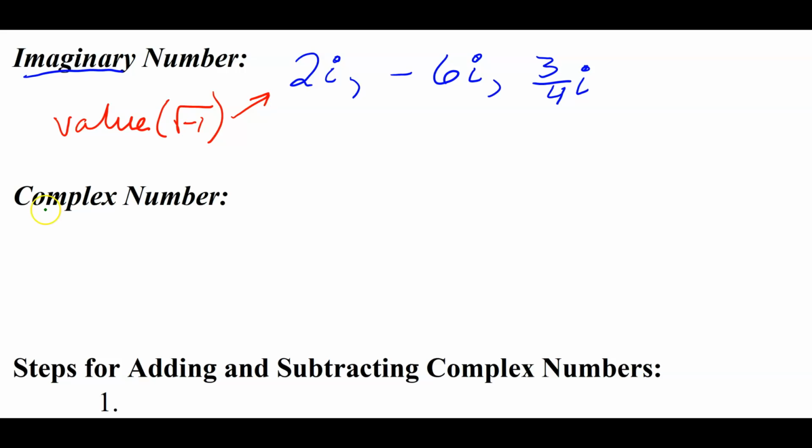If I'm looking at a complex number, essentially, a complex number is specified as a real value and then adding or subtracting an imaginary value.